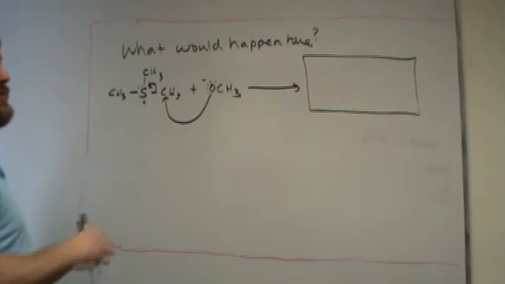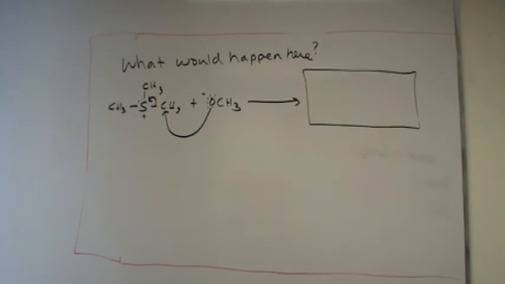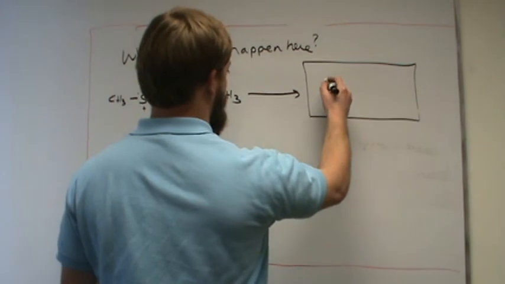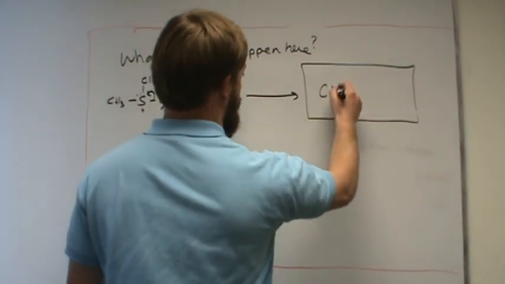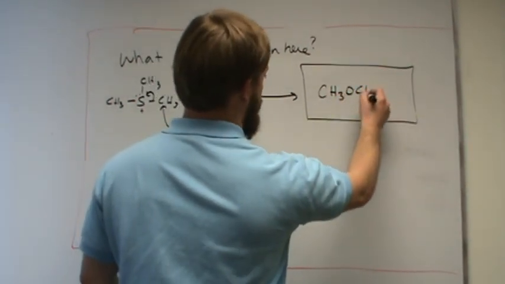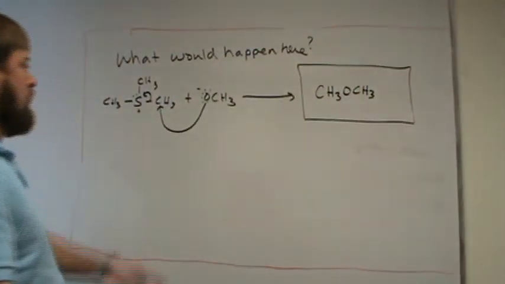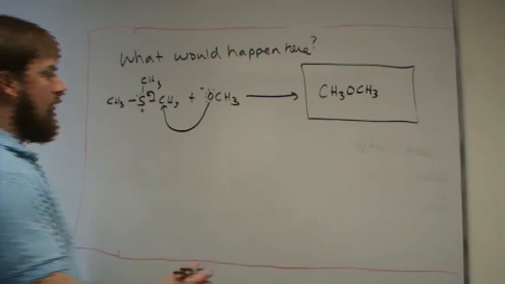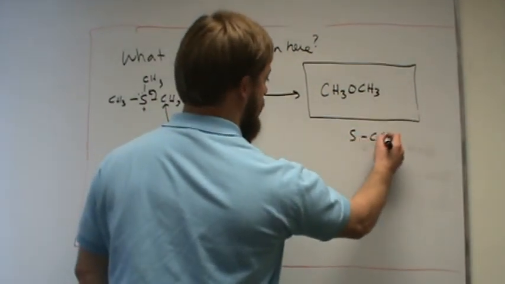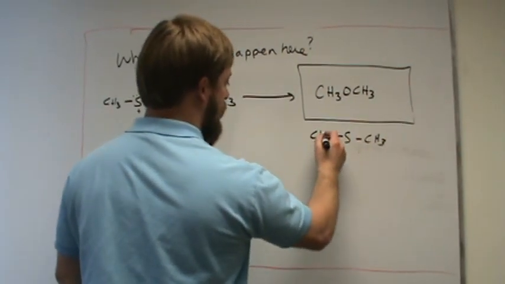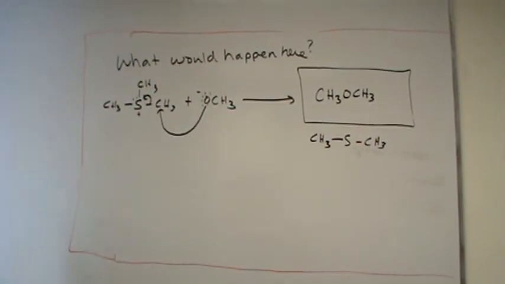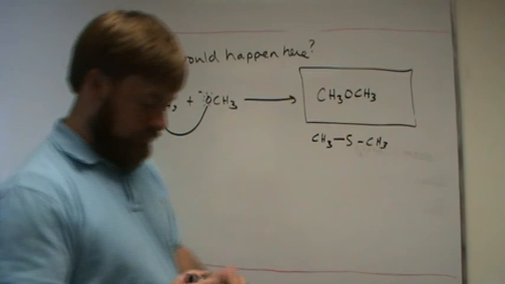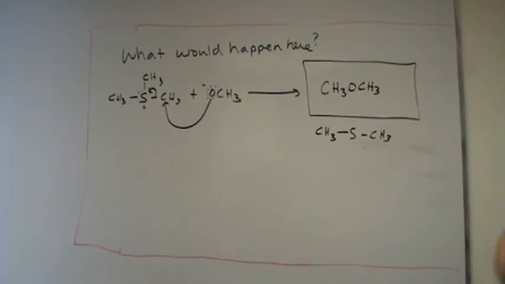So it'll leave as a thioether, much better than methyl anion. So my substitution product would be dimethyl ether. Nucleophile attacks that methyl group there, and then my leaving group would be the thioether. So the moral of the story is sulfoniums are good leaving groups. And that's it. That's it for chapter 11, okay?